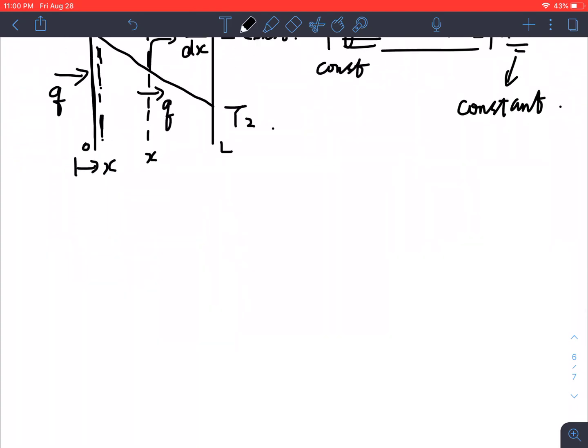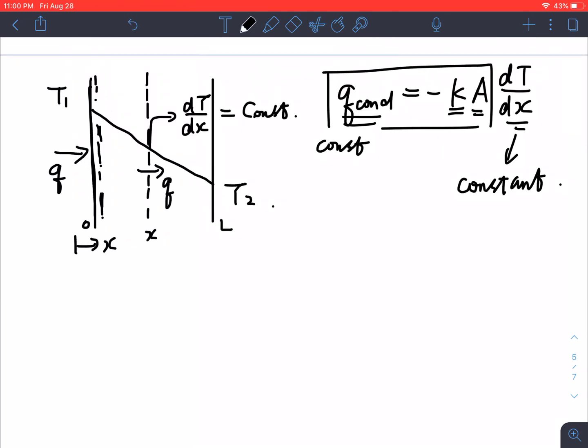However, in the cylindrical coordinate, things start to change. So here I will only draw one sector of the cylinder. I can draw it this way because of the symmetry, right? It's isotropic, so I can take any sector at any angle around this cylinder and I will get the same result, right?